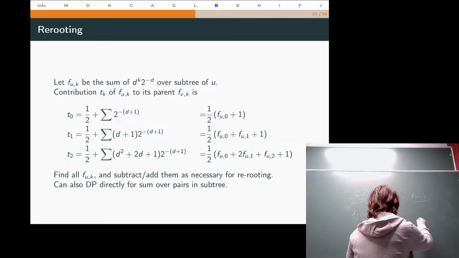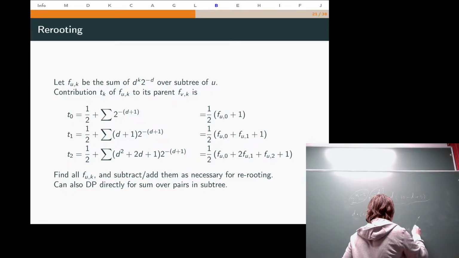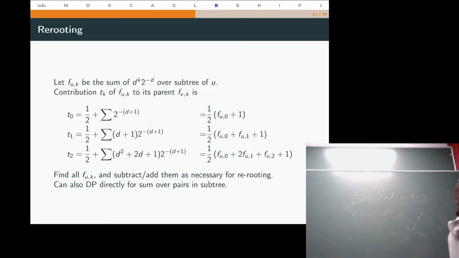from some subtree u into some parent v. What we can see is that we can factor out the contributions of u into v with this formula. We need to increase d by 1, which is why we replace minus d with minus d plus 1. Here we replace d with d plus 1, and this is also d plus 1 squared, which we can rewrite in terms of just d squared and 2d and so on.